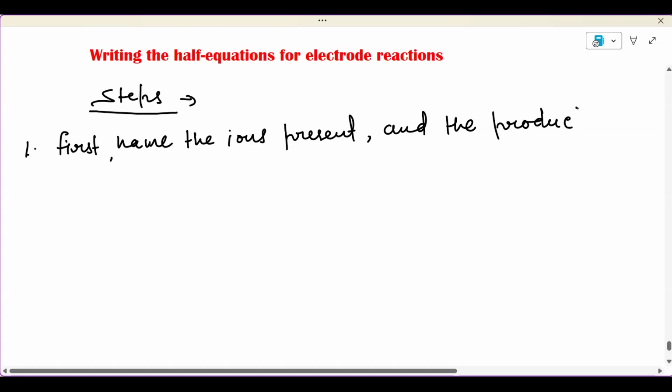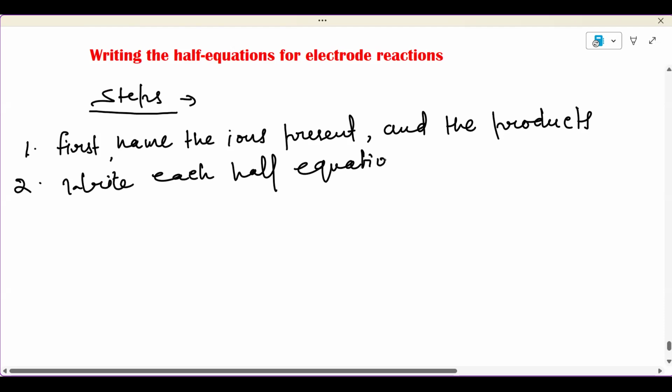Second, write each half equation correctly.